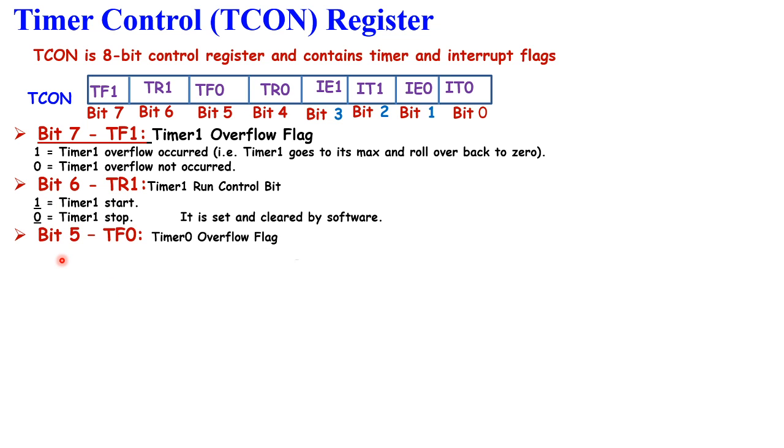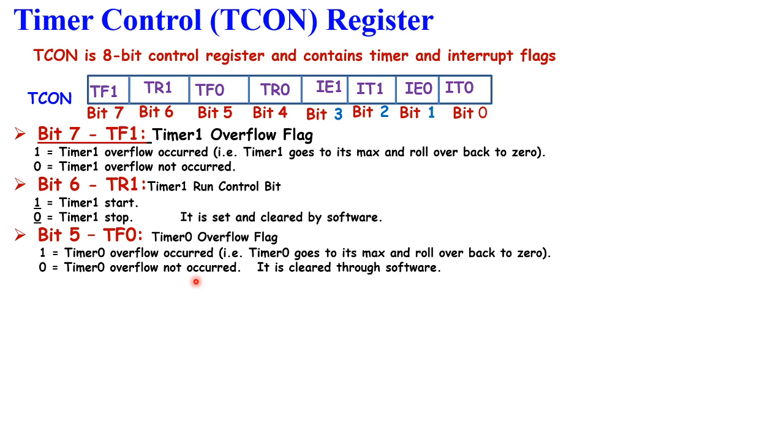When it is equal to 1, timer 0 overflow occurs, timer 0 goes to its maximum value and rolls over back to 0. When this bit is equal to 0, then overflow has not occurred. Now how does the overflow occur?